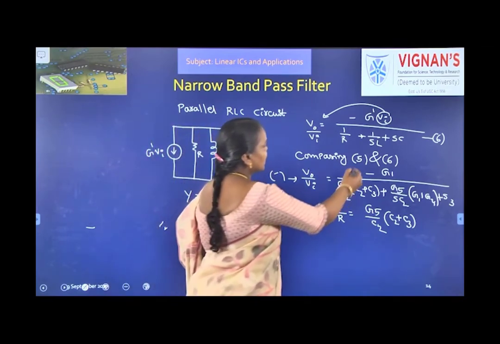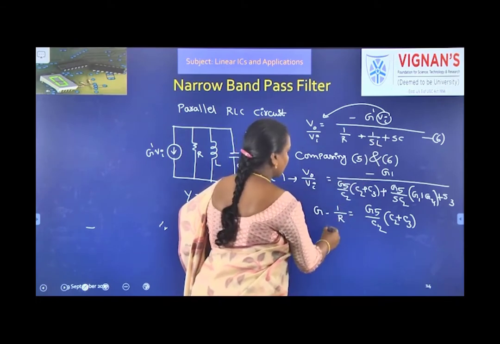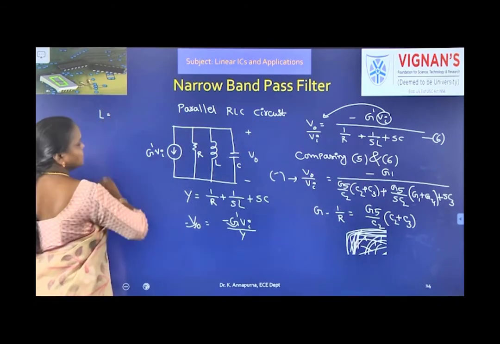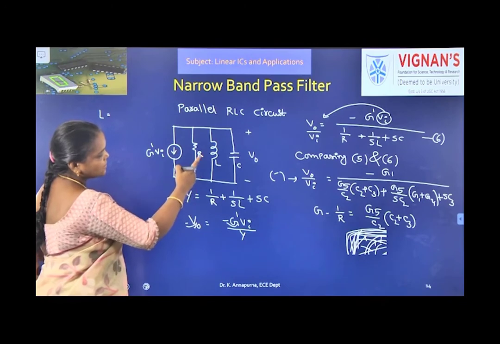Okay. And next 1 by S term, that is in the place of L, so L is equal to 1 by S, that is 1 by L.